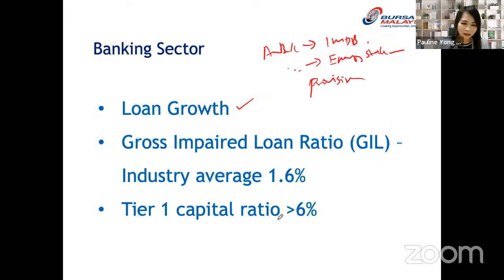Tier 1 capital ratio. In the banking industry there will be Tier 1, Tier 2, and Tier 3. Basically, Tier 1 looks at their core assets. In the bank they also receive money from depositors like me and you, we deposit cash into the bank. So this cash deposited into the bank is not really the bank's asset.